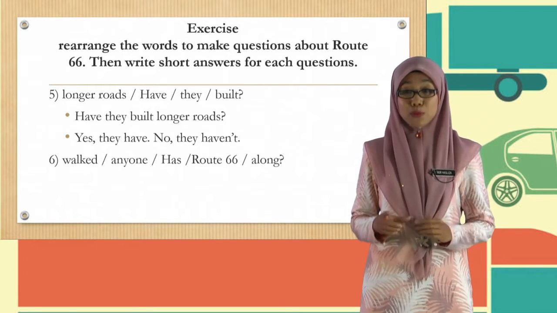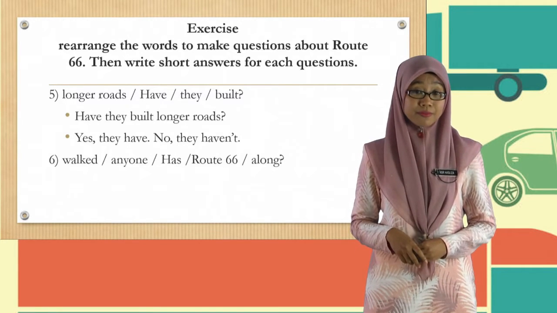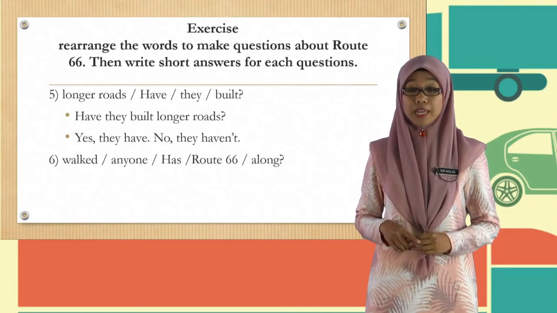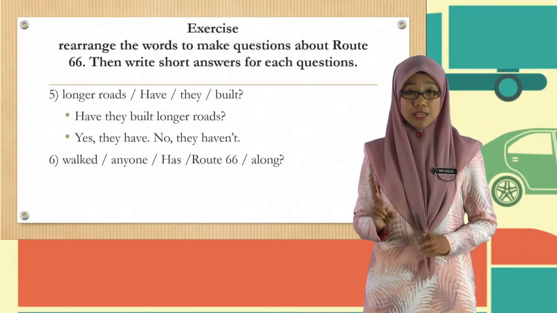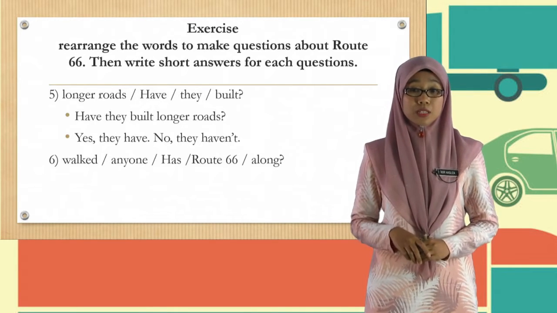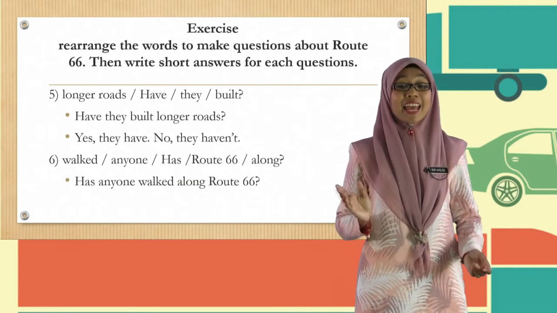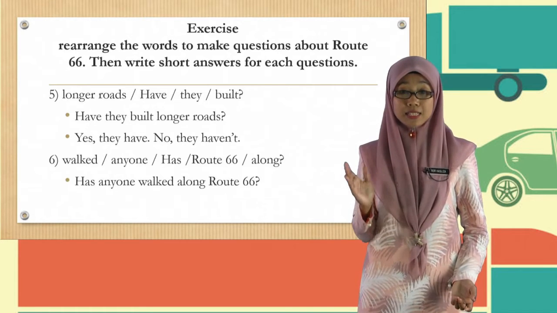Yes, anyone is the subject. Next, what is the verb? Yes, walk is the verb. It is the verb in past participle. Along Route 66 is the rest of the question. So, the answer here is, has anyone walked along Route 66?